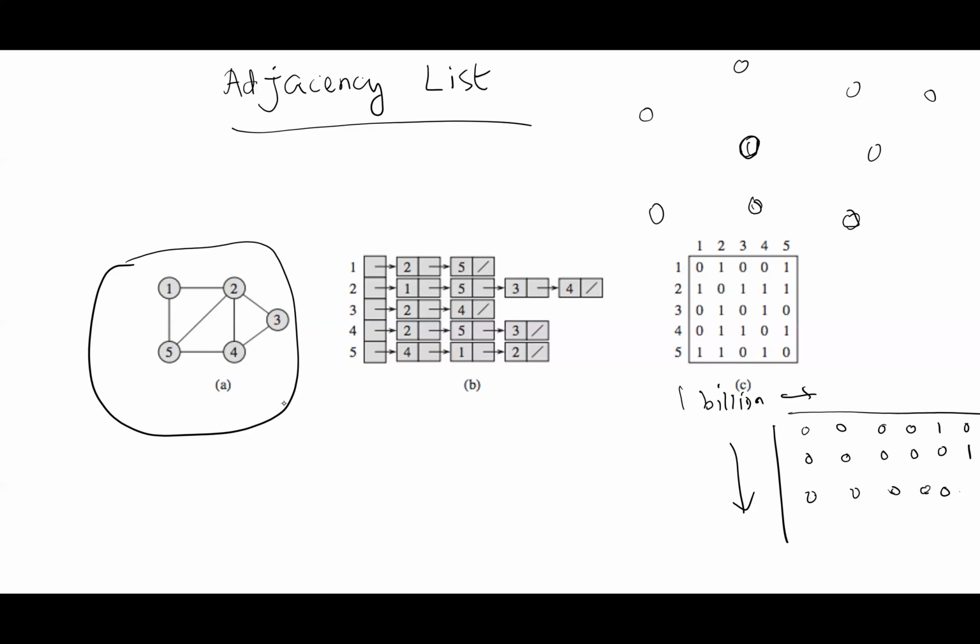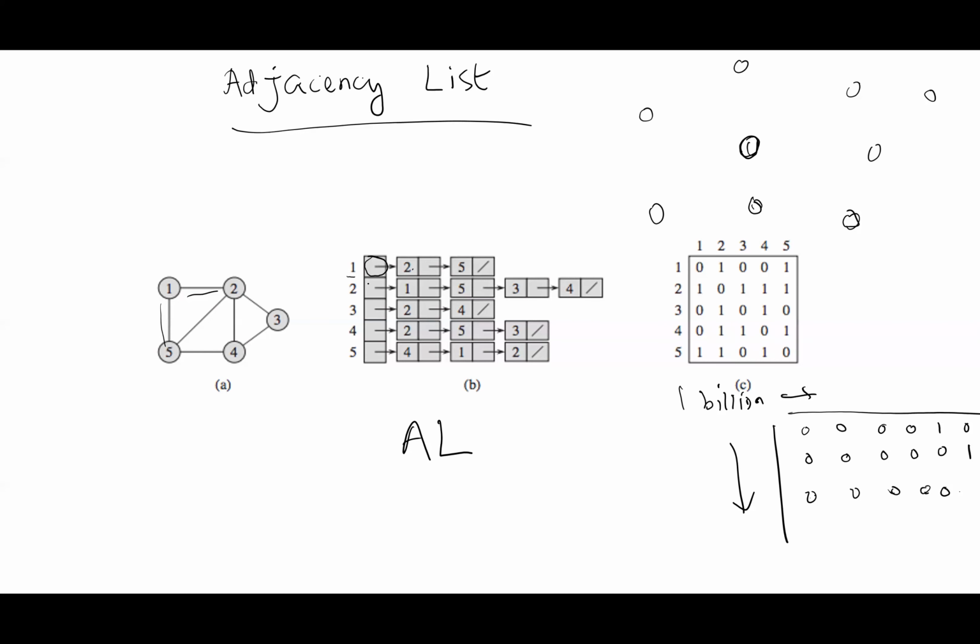What is an adjacency list? This is an example of an adjacency list. Here we see that it's a list. Each vertex has a list of its neighbors. You see vertex 1 has a list of 2 and 5, so it has edges to 2 and 5.